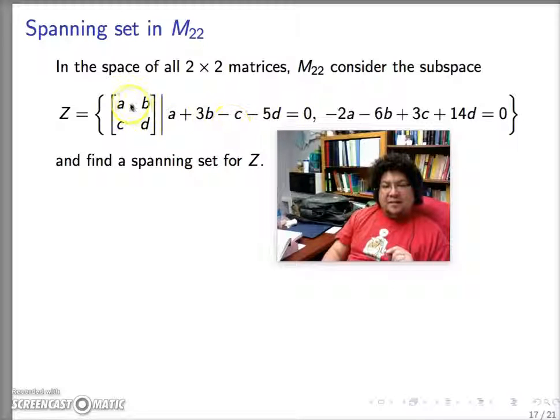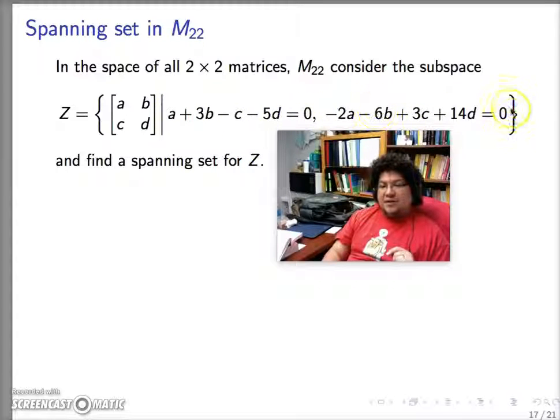Here this matrix has 4 entries, expressed as first column A, C, second column B, D, or first row A, B and second row C, D. And those entries of the matrix satisfy 2 equations.